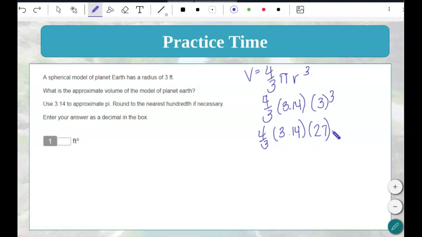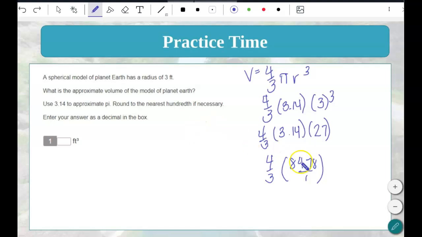And that's 84.78. So we still have the 4/3, we haven't done anything with that. So we're going to multiply 84.78 by 4 and divide by 3. Put a 1 under it, so multiply that 84.78 by 4, and we get 339.12.